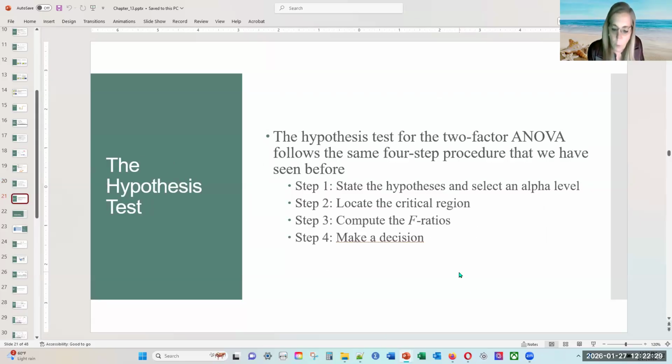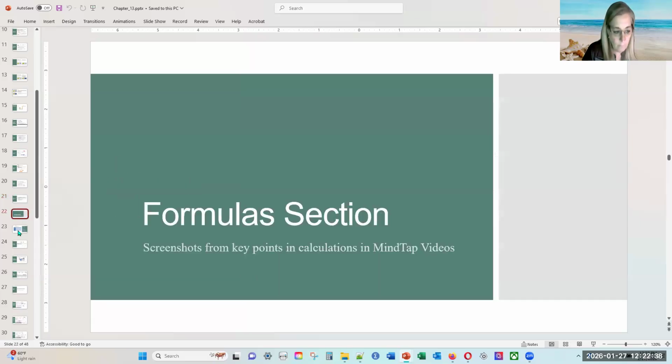And we do the same 4 steps: state your hypothesis, select an alpha level, find your critical region, compute the F ratios, make a decision.